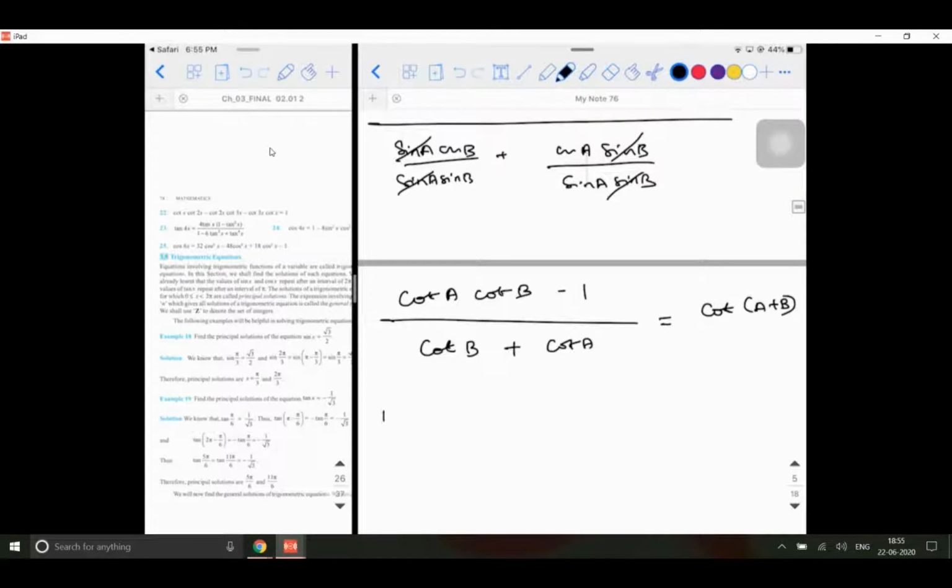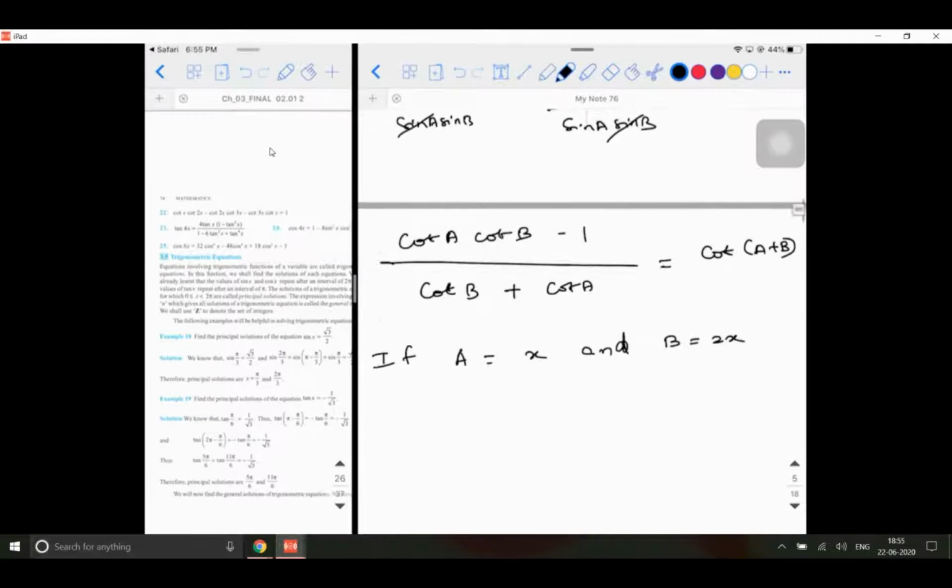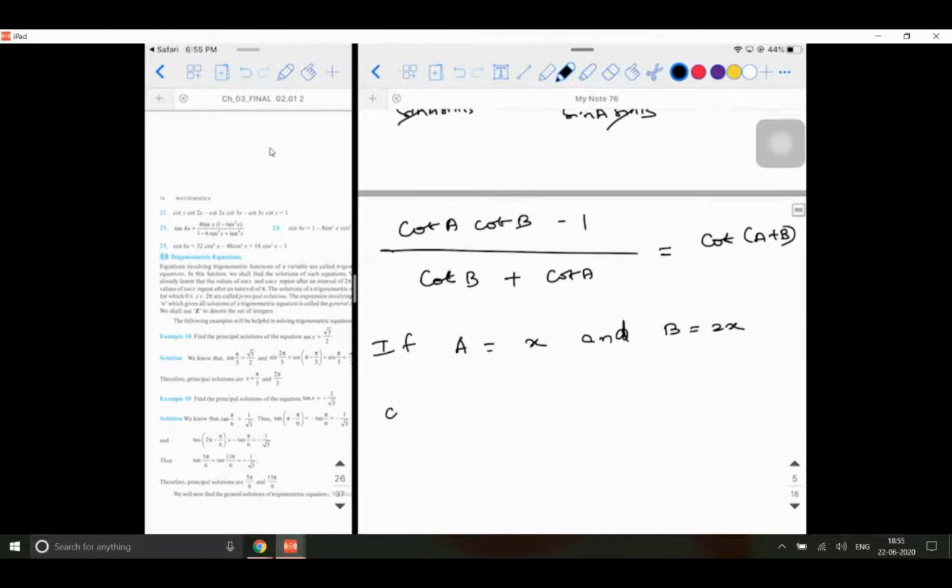Now, if A is equal to x and B is equal to 2x, if I substitute these two in the above expression, then what will I get? Then I will get cot x into cot 2x minus 1, the whole divided by cot x plus cot 2x. This will be equal to cot 3x because x plus 2x gives me 3x.